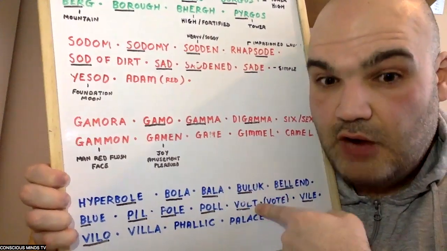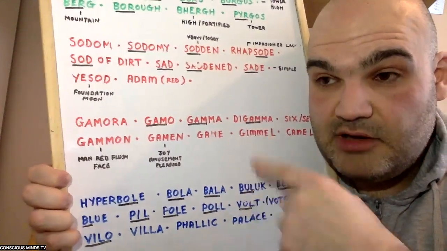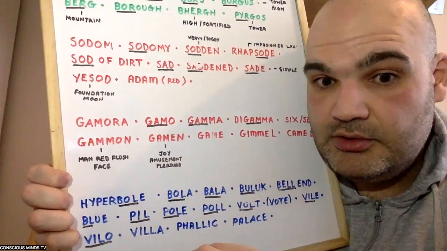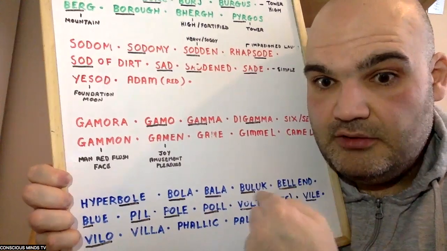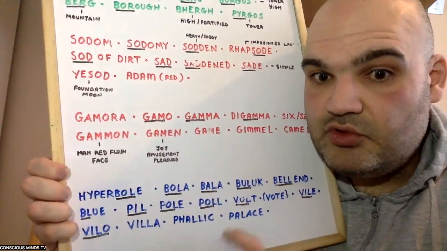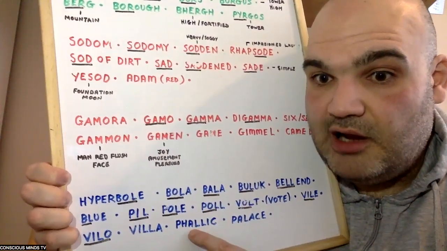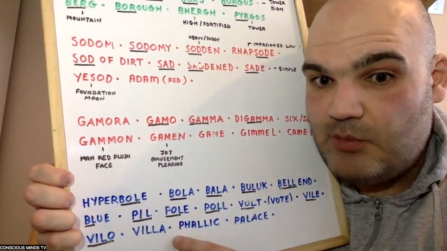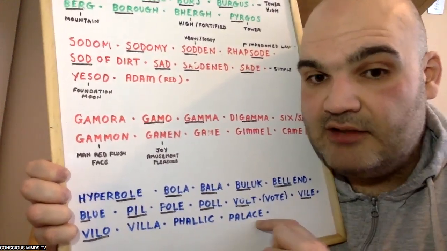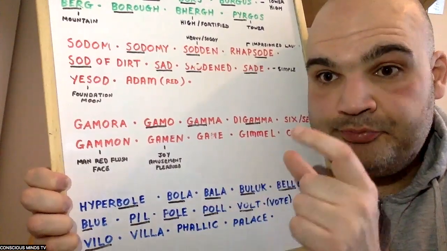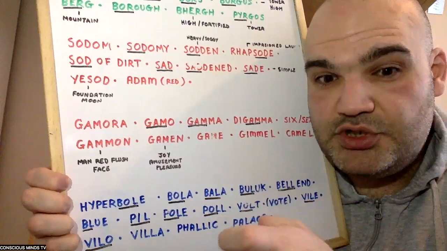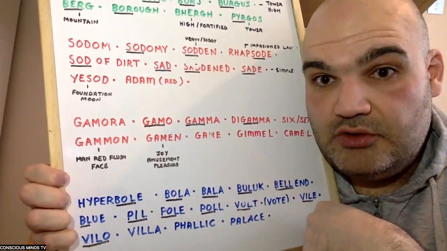Ultimately, we're voting because we're putting someone in charge. So again, we're just making the connections of the words there. Also, like I said, B and P are interchangeable. You get words like phallic and palace are also like penis or hyperbola blue shift related words.